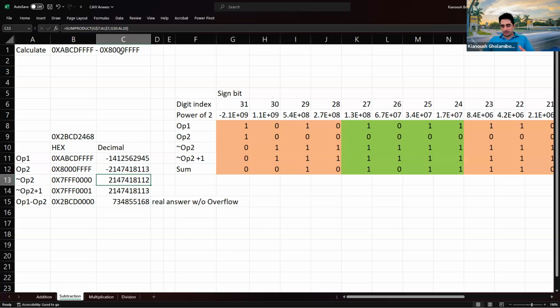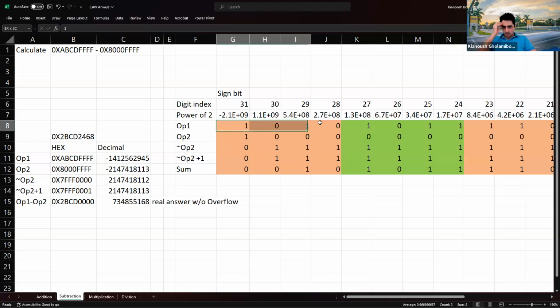And after you negate the second operand, you add the negated second operand to the first operand. This add would be basically the difference between the original 2 operands. So what's the trick? First of all, let's do the very first step that we did for the previous example, which means convert the hexadecimal to binary.